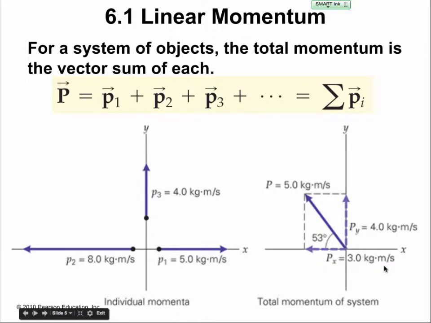So for a system of objects, the total momentum is the sum of each one. In my diagram here, I have 3 objects, and this one has a momentum in this direction, a momentum in this direction, and in this direction. All 3 of those objects do. And so the sum of all the vectors will give you a resultant vector of the total momentum.